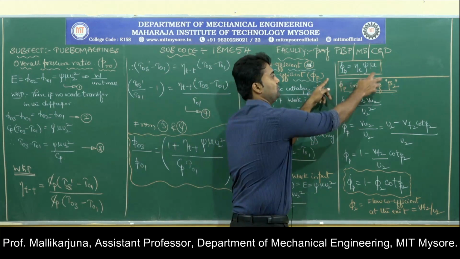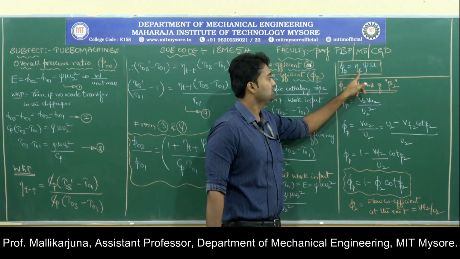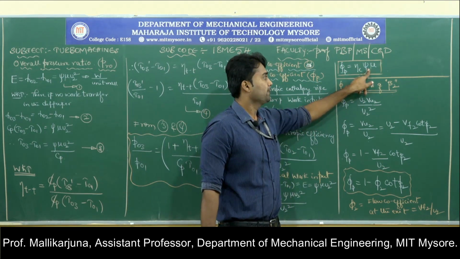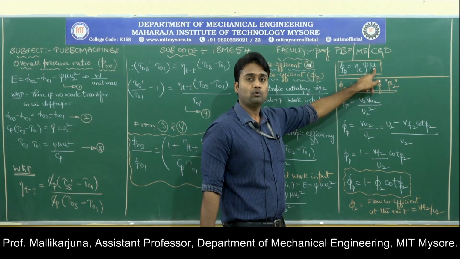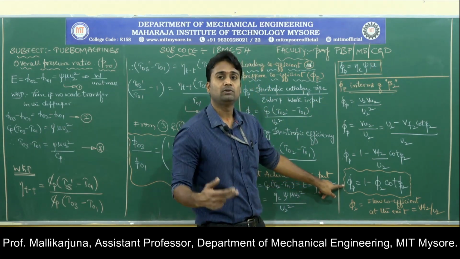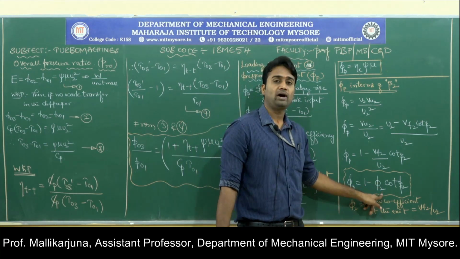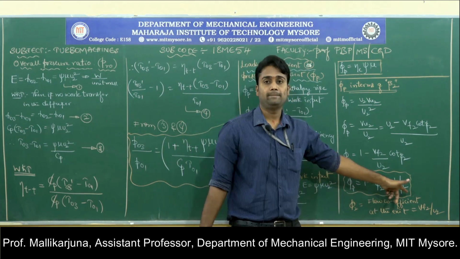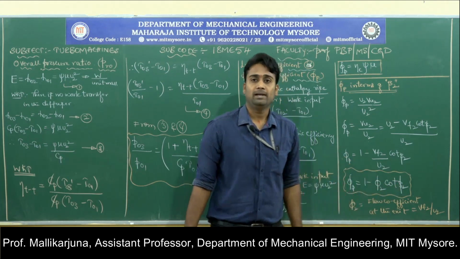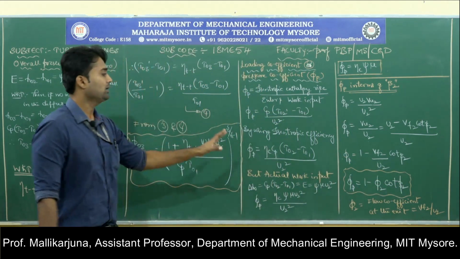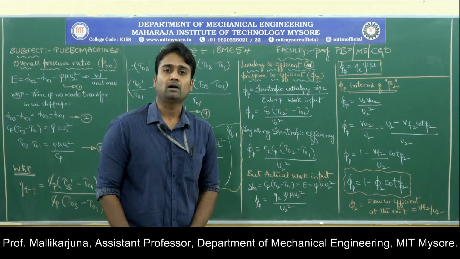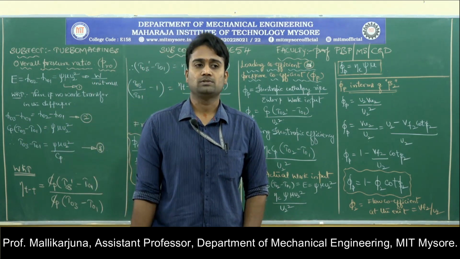The first form is where all are coefficients: compressor efficiency, power factor, and slip coefficient. The second form is in terms of blade angle at the exit, phi p equals 1 minus phi 2 times cot beta 2. So these are the important equations that I will be using in order to solve the problems.